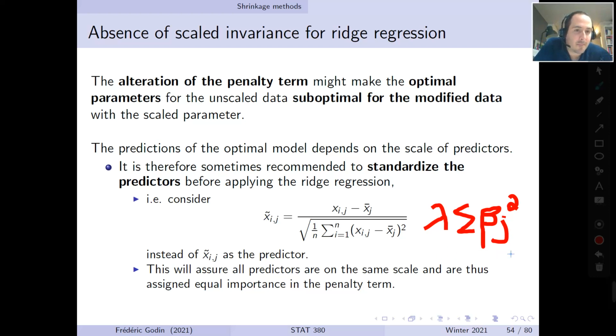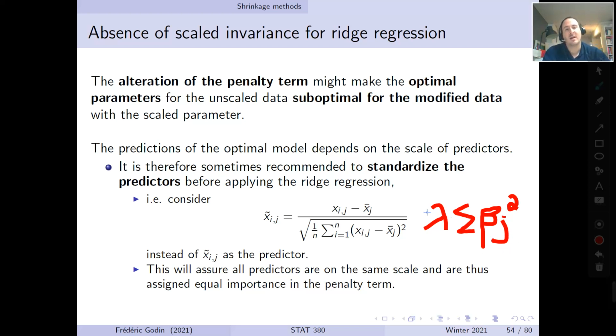So when you apply this penalty, you penalize somewhat fairly all the predictors instead of only penalizing predictors which have a very small magnitude. Okay, so if there were predictors which would have small magnitudes, corresponding slopes should be very large to compensate, and they would be heavily penalized. So this is not something we want.